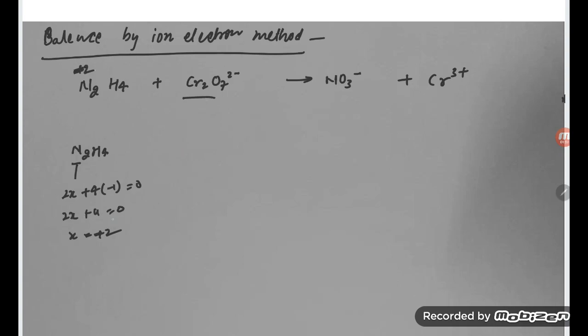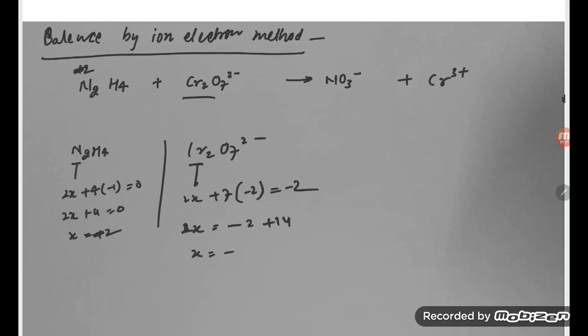Now we are having Cr2O7 2 minus, so you consider 2x plus 7 times minus 2, each oxygen is minus 2. So 2x is equal to minus 2 plus 14, so x is equal to plus 6.